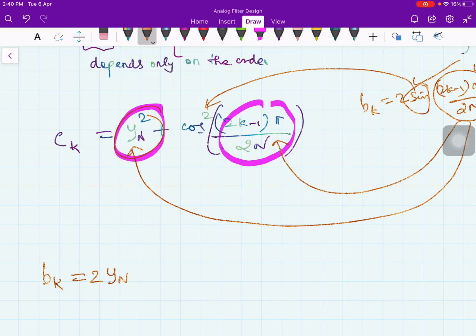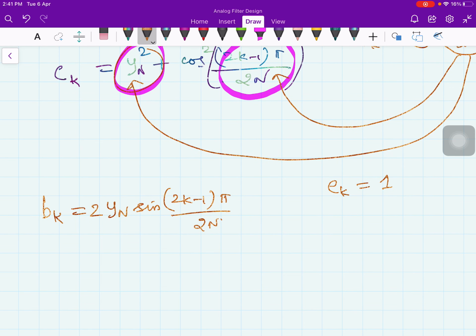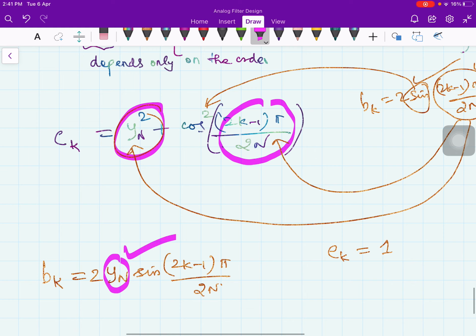Don't forget this: 2 times y_N sine of (2k minus 1) pi by 2n. In the Butterworth case, the c_k's were equal to 1, but here the c_k's are not equal to 1. So in the Chebyshev filter, the factor y_N comes. I have y_N here to calculate b_k, and y_N squared to calculate c_k.